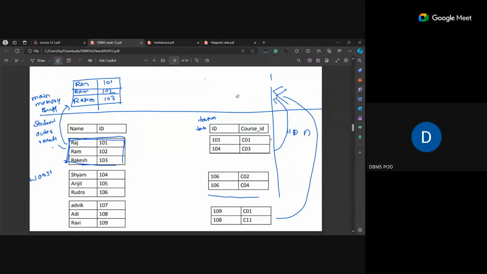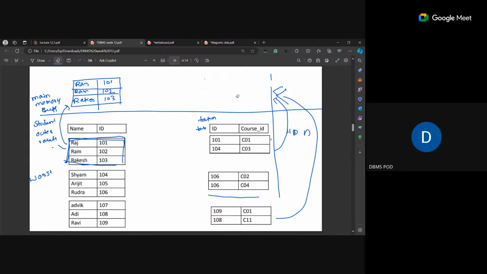If you write select star from something and it prints the result instantly, versus taking a long time, which would you prefer? The one which takes less time.